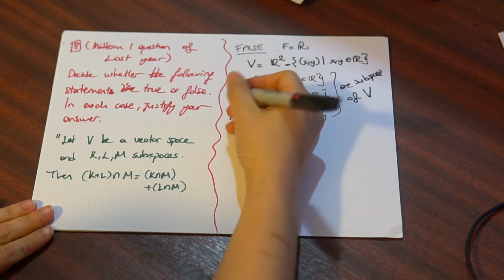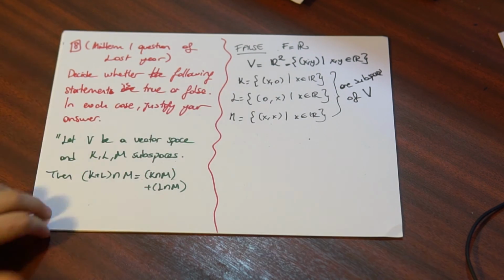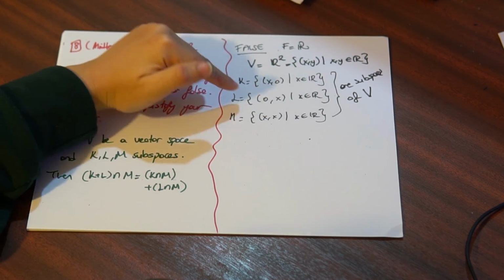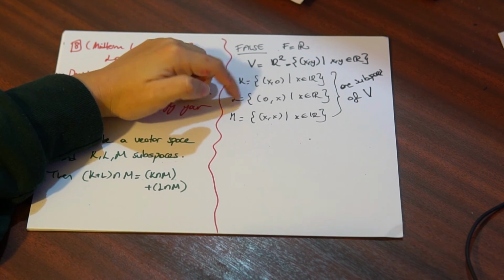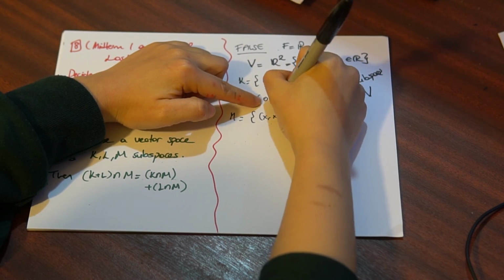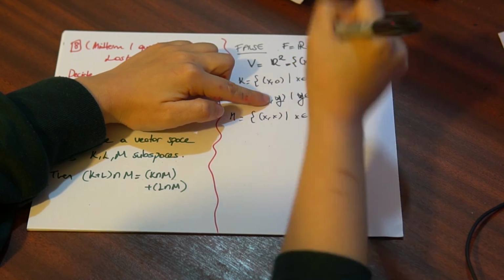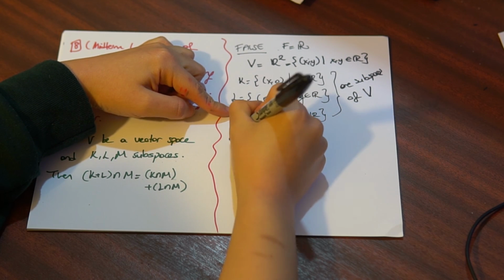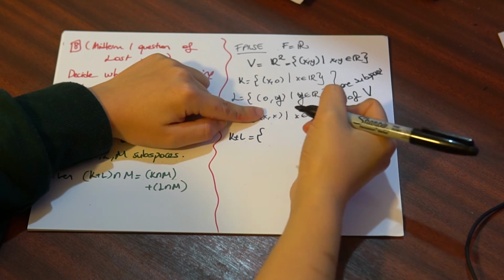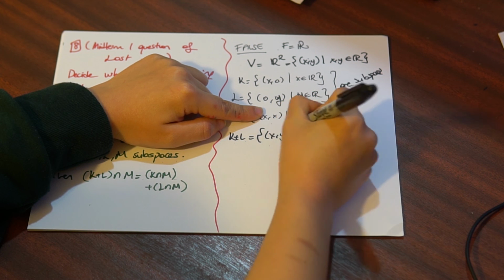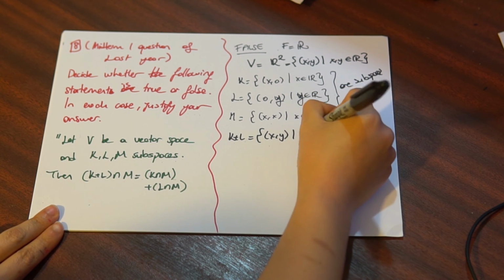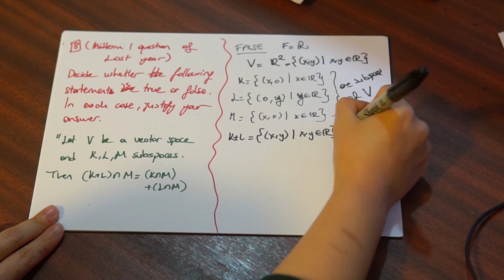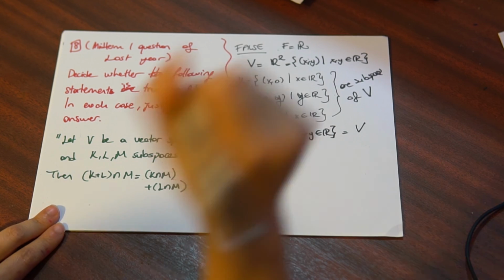Let's look at K plus L. In K we have x, 0 with x in R, arbitrary x's, and L is 0, y with y in R. Now K plus L is equal to all x and y such that x and y are in R. So this is equal to V, right?